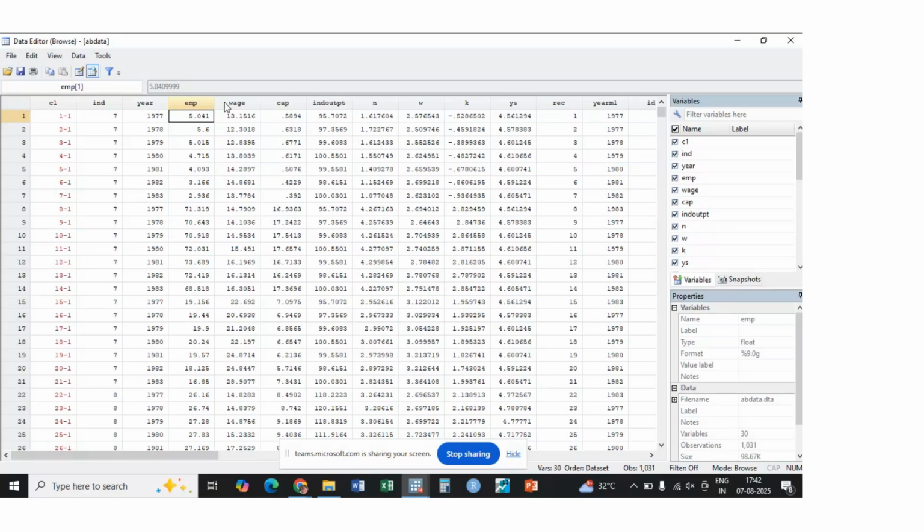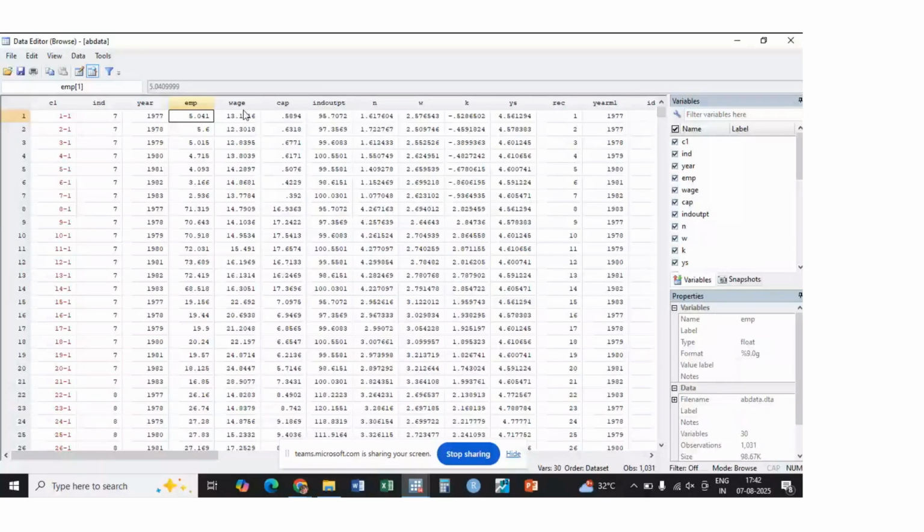Now, it is quite possible that the lagged values of capital as well as the industrial output or the wages also affect employment.